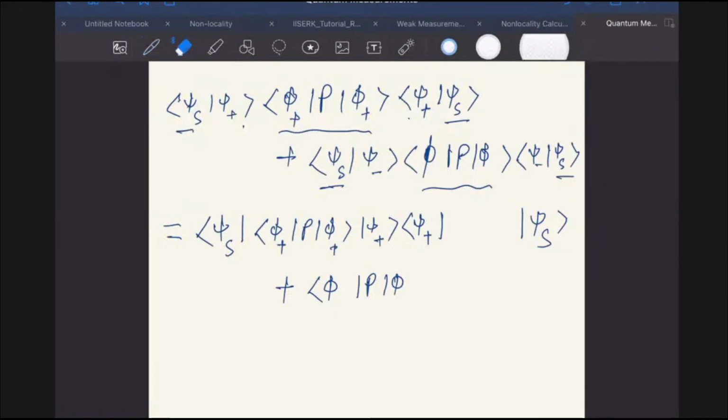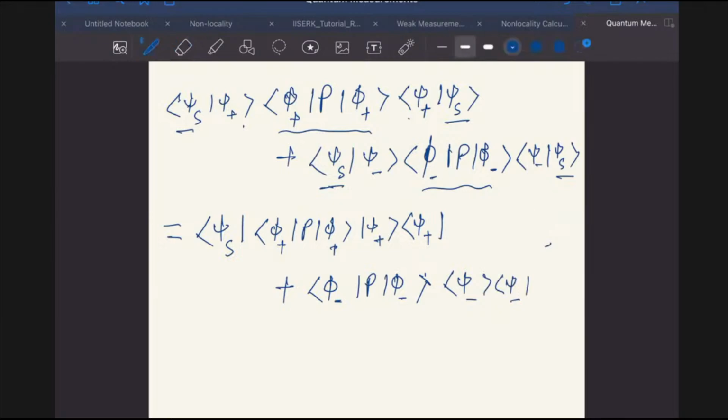So anywhere, if you get any confusion, just tell me. So phi minus, and this will be psi minus, and this state I am now writing here. Yes, so now the whole probability becomes like this.